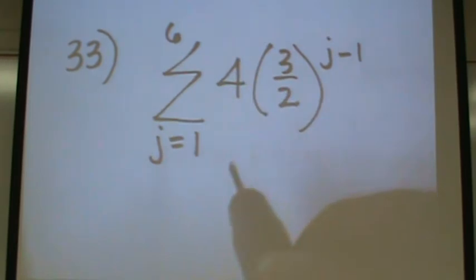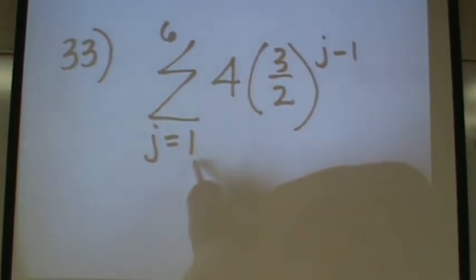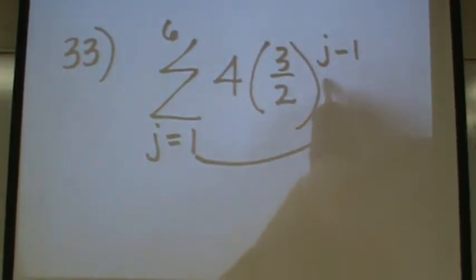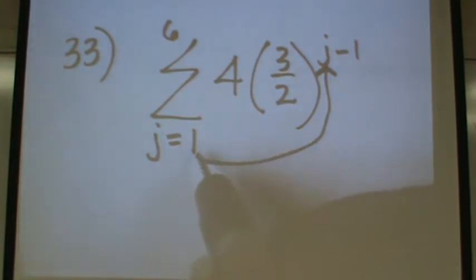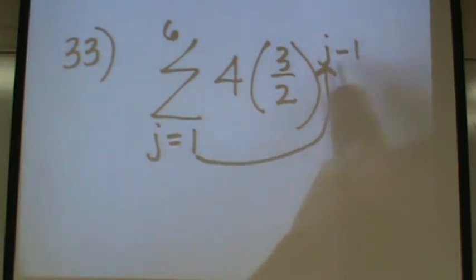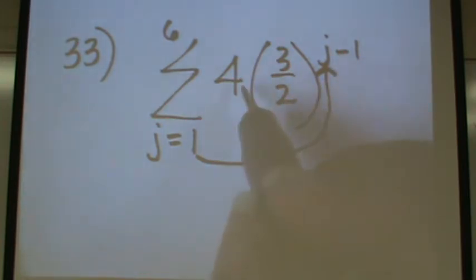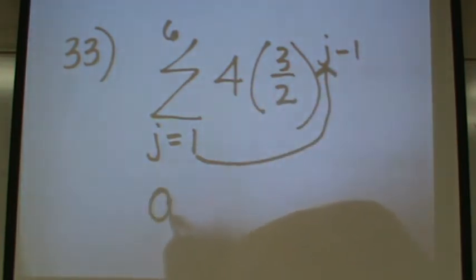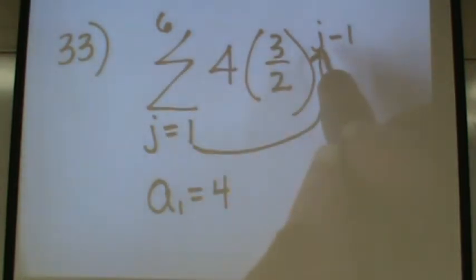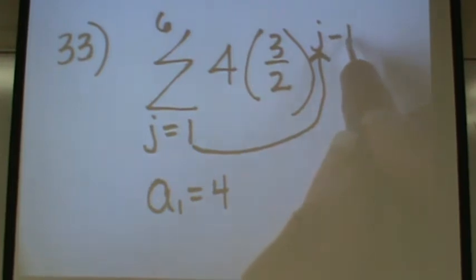Subtract these 2 and add 1. How do you get the first term that you're adding? You take this bottom number and plug it in here. This is going to be easy because 1 minus 1 is 0, and anything to the 0 power is 1, and 1 times 4 is 4. So your first term is 4. Now let's get the second term. If we put a 2 here, we have 2 minus 1 is 1.